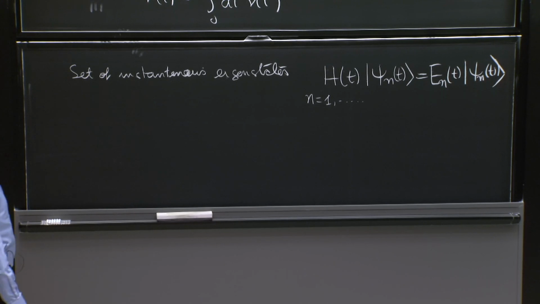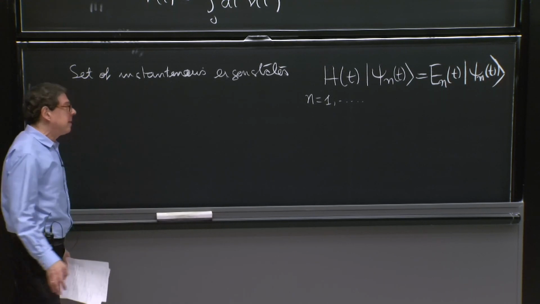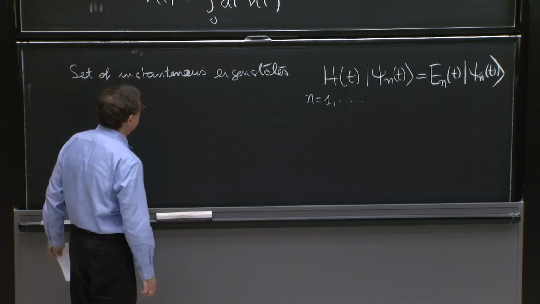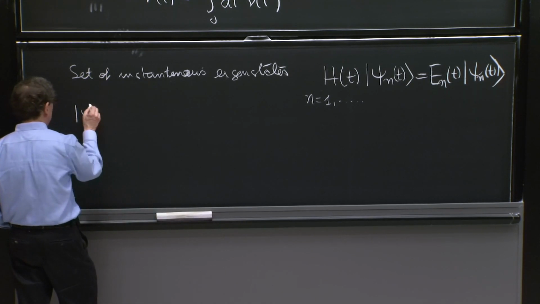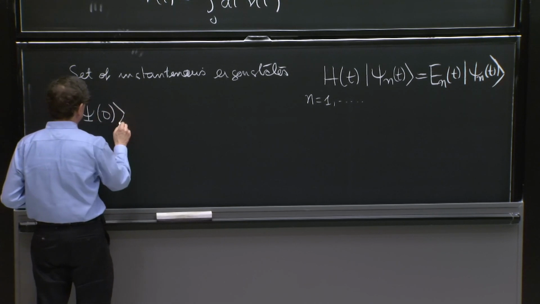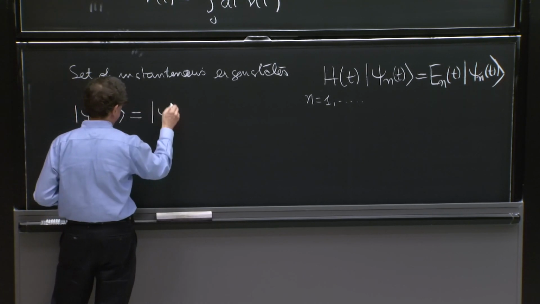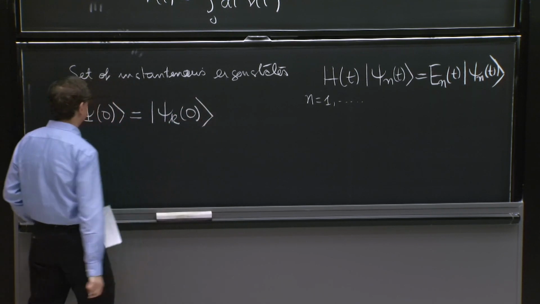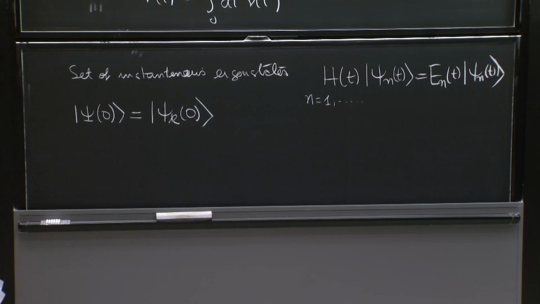Okay, equipped with the instantaneous eigenstates, you might decide that you initially want to be in a state, so psi at t equals 0 is given by psi k at 0. That's your initial condition.